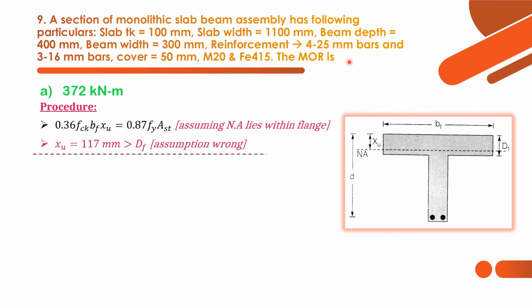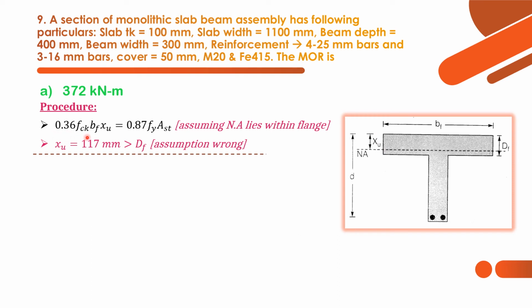So first step, we have to assume the XU, that is the depth of neutral axis, is lying within the flange. Then it is nothing but the rectangular beam. So whatever calculation we follow in the rectangular beam, the same approach has to be followed.